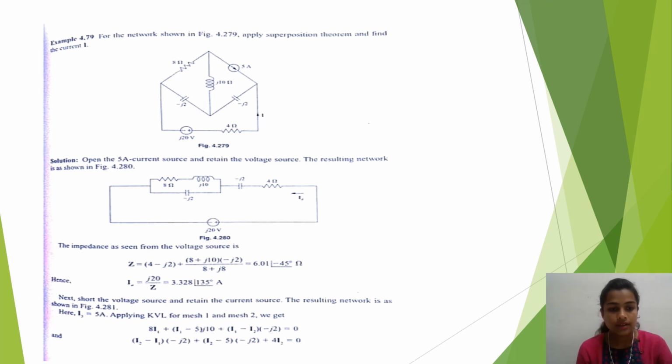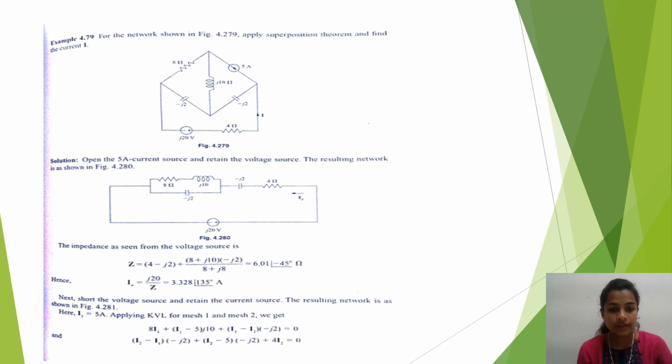Here, I is 5 ampere. Applying KVL for mesh 1 and mesh 2, we get 8I1 plus (I1 minus 5) divided by 10 plus (I1 minus I2) into minus j2 equal to 0.